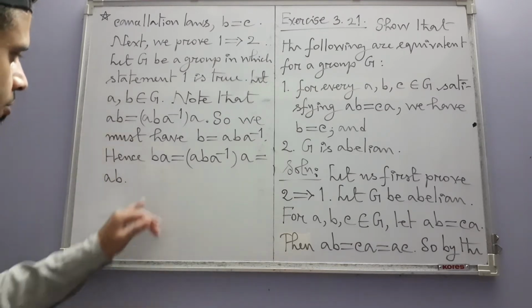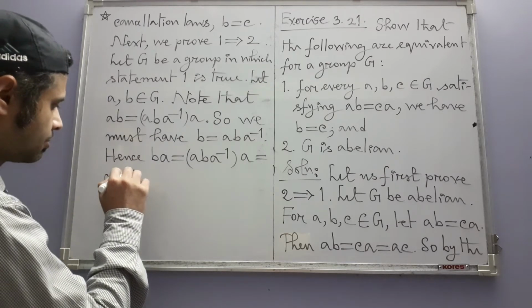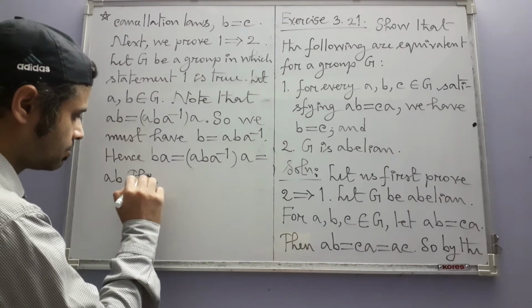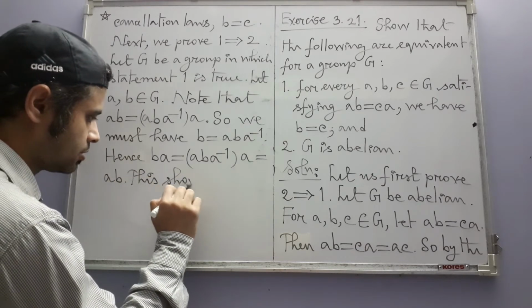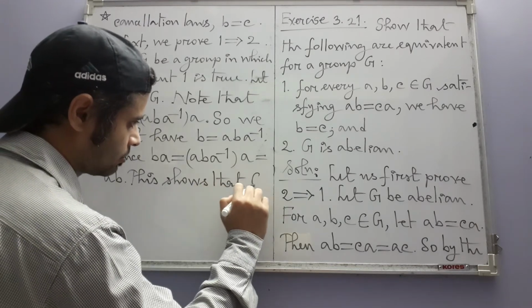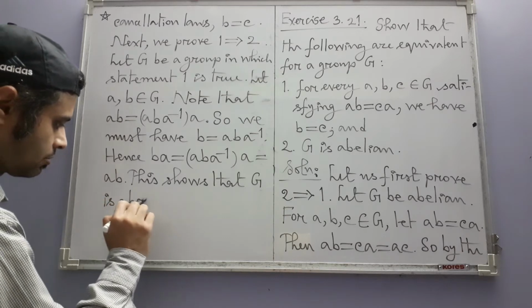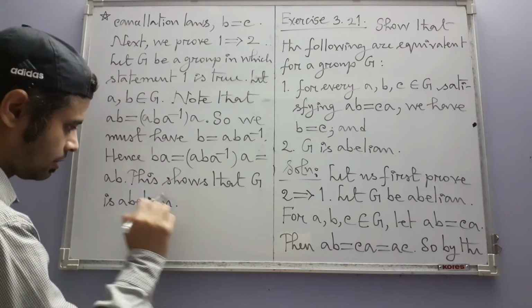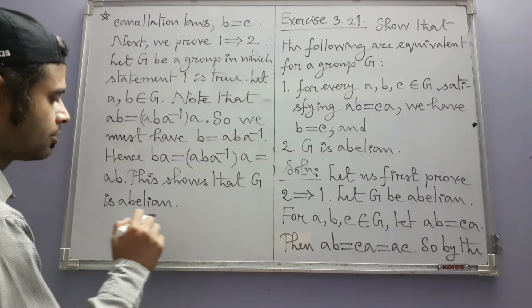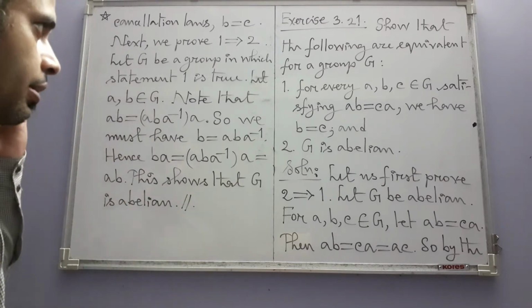So we have been able to show that BA is equal to AB and hence G is abelian. This shows that G is abelian. So 1 also implies 2, that is the two statements are logically equivalent.